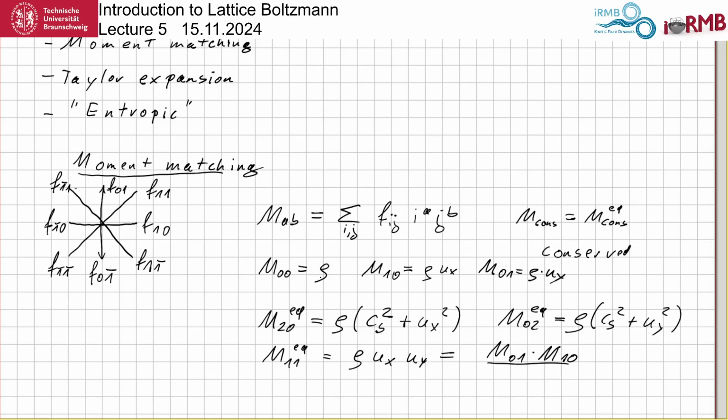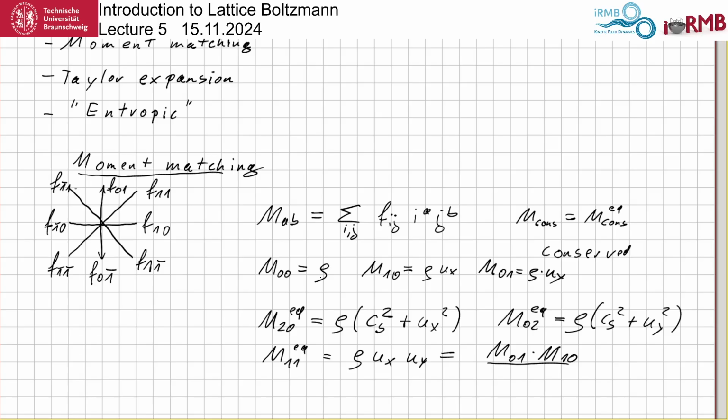If everything is random, then everything is independent. So the x coordinate is independent of the y coordinate. Because these are probability functions, it means that the probability of picking a particle and measuring its x velocity is independent of measuring its y velocity. This is what the equilibrium actually states.